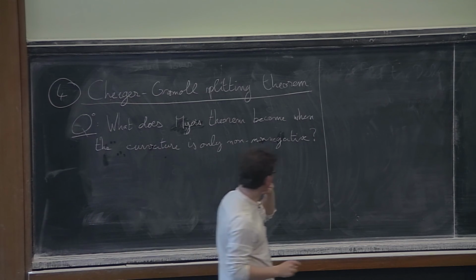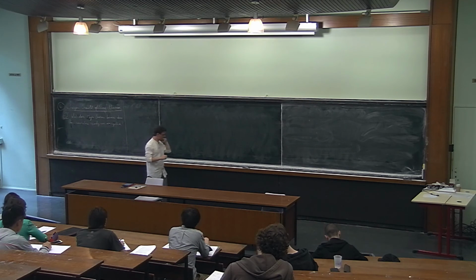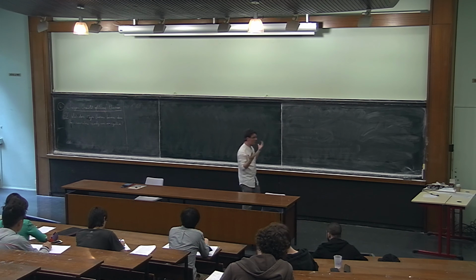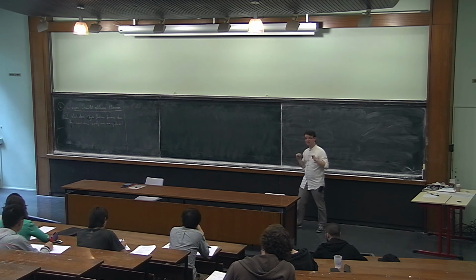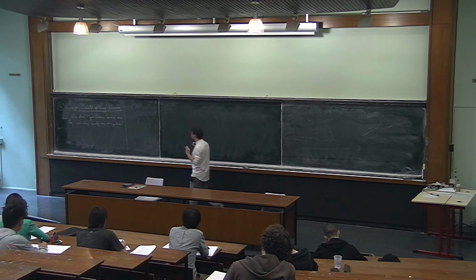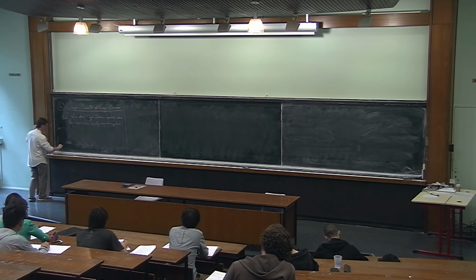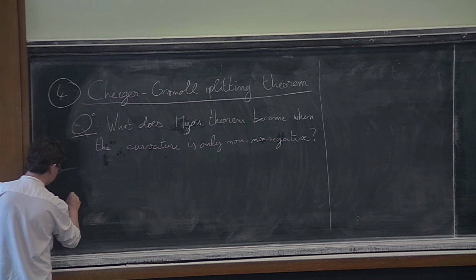Well, in general, one cannot say much, but we will see that there is one case where things get really nice. And maybe let's try to make some picture here.